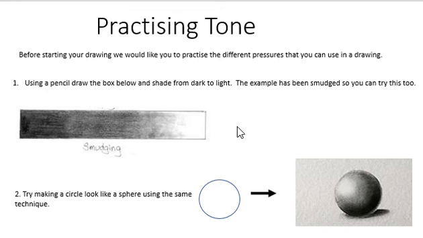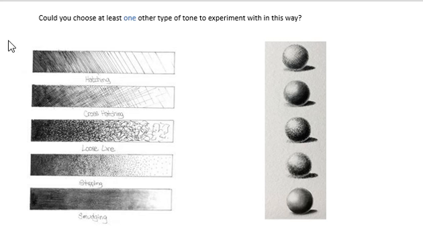And then we want you to really think about tone. Tone is to try and make things look 3D, so you can see down here that by applying tone to just a circle like this, you can make it look like a sphere. I'd like you to have a go at that and try using tone to make a circle look like a sphere. Again, we don't want you to spend ages over this, but we thought it'd be interesting for you to choose at least one other type of tone.